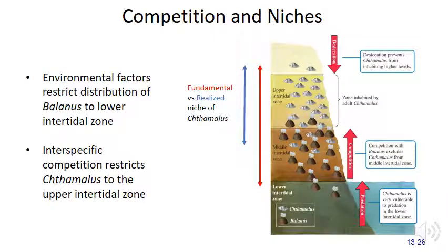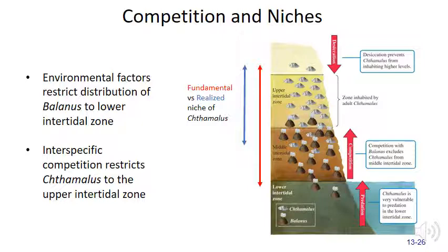So this idea of fundamental niche and realized niche is demonstrated really well by the work on barnacles done by Joseph Connell, which we looked at in a previous lecture. So essentially Connell looked at two different species of barnacle, Chthamalus, which are the white ones, and Balanus, which are the brown ones, and I'll just refer to them in that way to keep it simple.